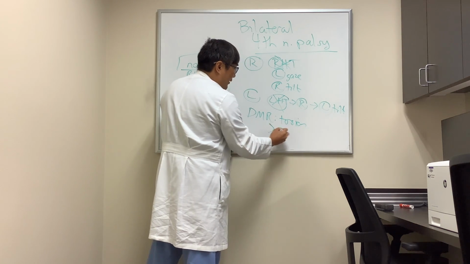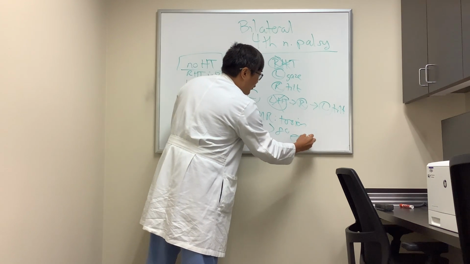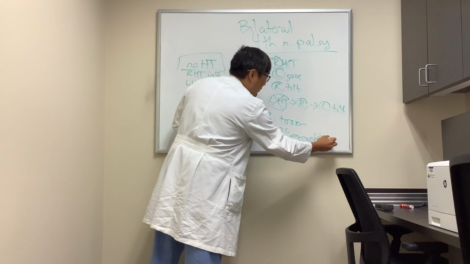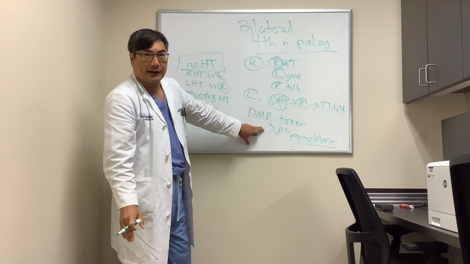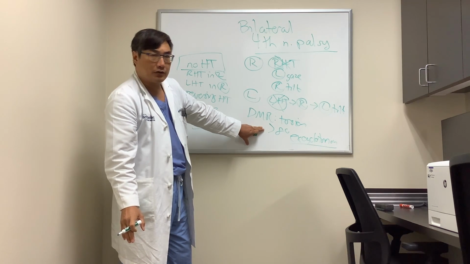And so if we have greater than 8 degrees of excyclotorsion, that's usually a tip-off that we might have a bilateral fourth, because you really shouldn't get more than single digits out of a single fourth nerve palsy in terms of the torsion.